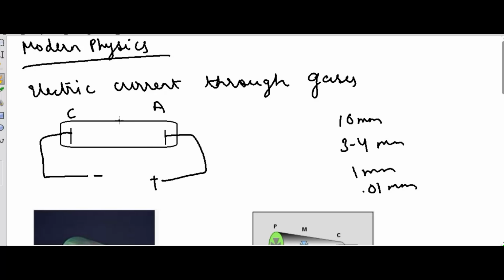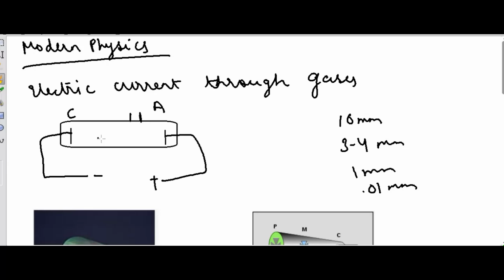Initially, at full atmospheric pressure, it requires a very high voltage to produce the discharge or sparks. So what we do is we withdraw the air or whatever material is inside.